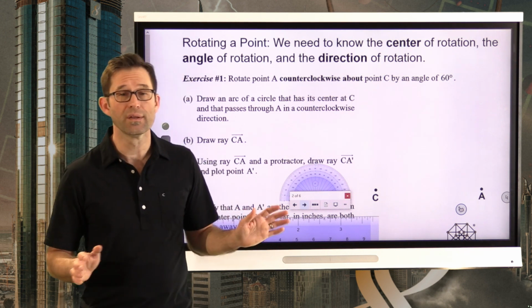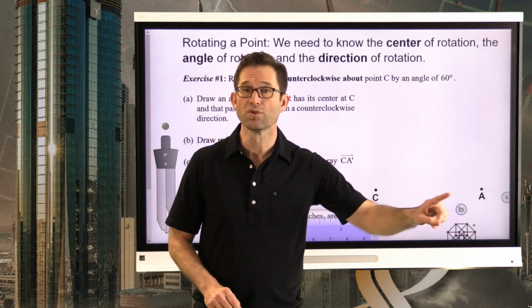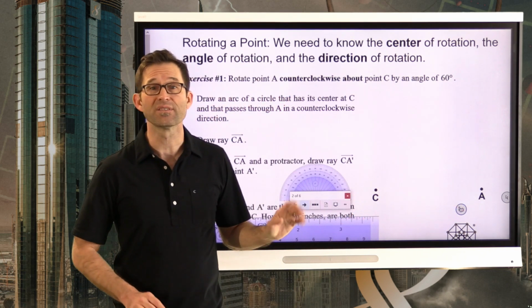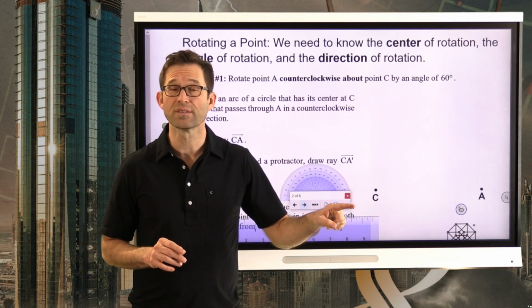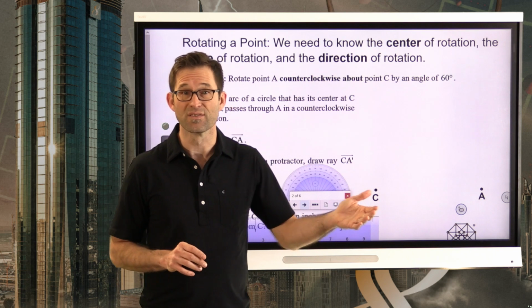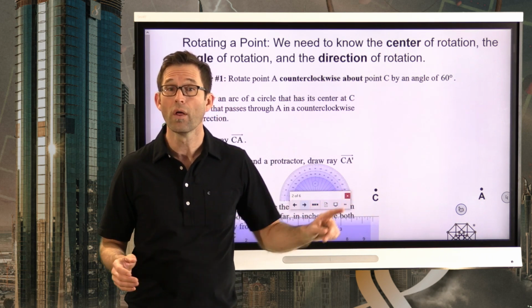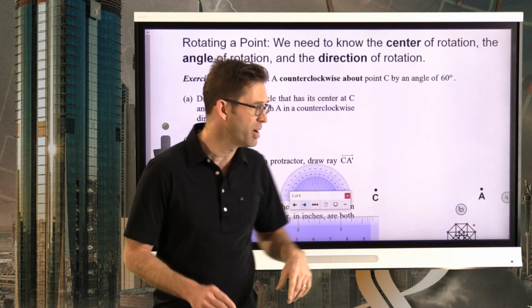One thing that is true about a rotation is that you're taking the point that you're rotating, in this case A, and you're keeping it the same distance away from some center point, C. To keep it the same distance from that point, we need to draw a circle that has this as its center and that passes through point A. So here we go.